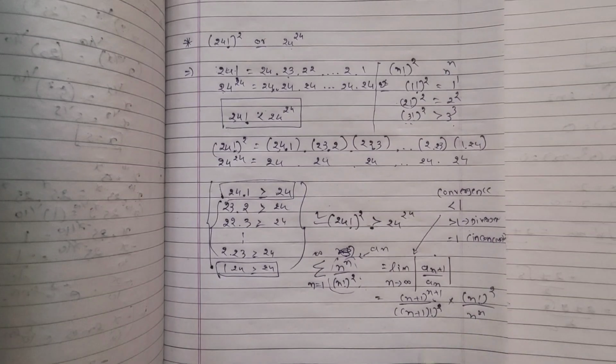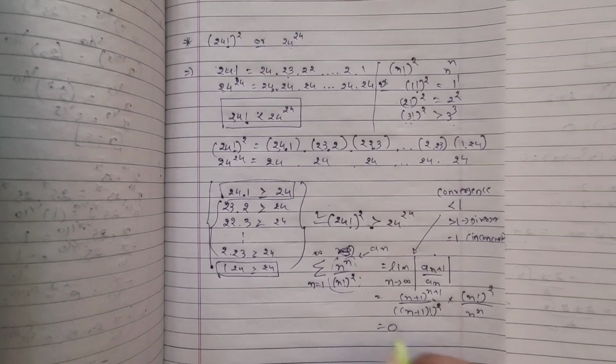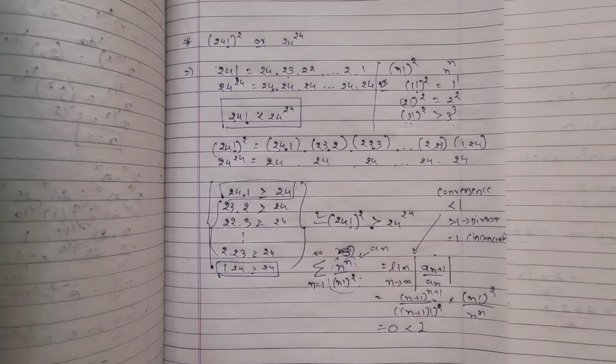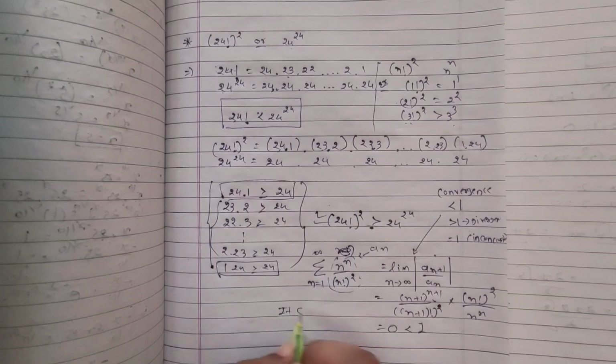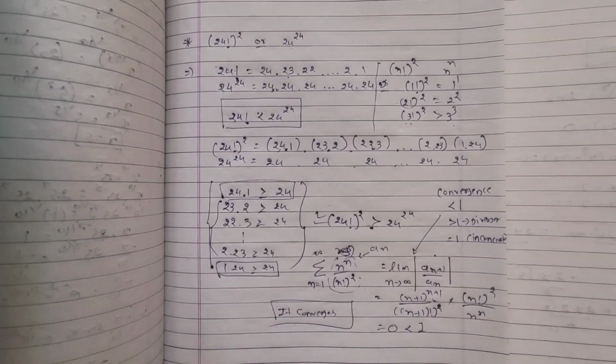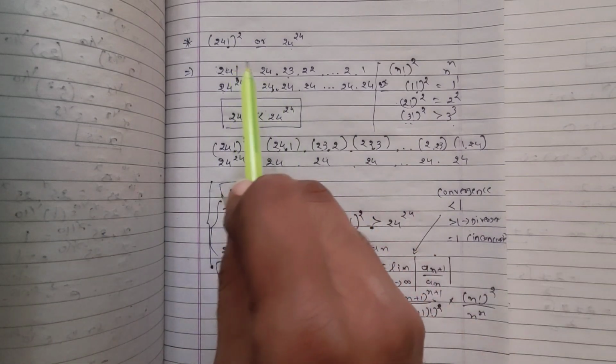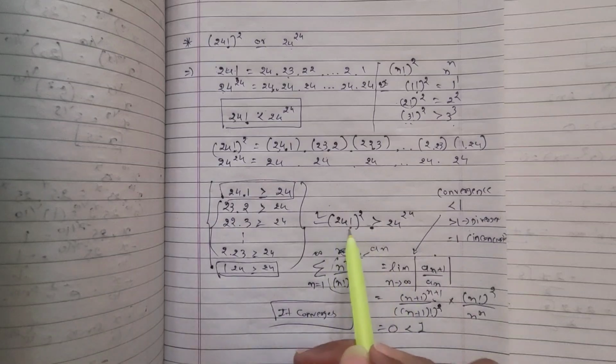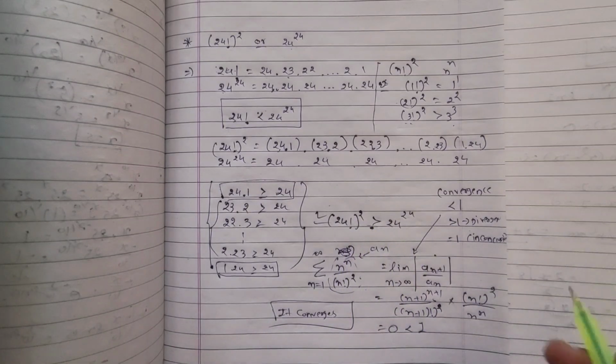And if you solve this equation, you will get your answer 0, which is less than 1, right? Which means it converges, right? This is a very important concept to see whether it converges or diverges. And if you talk about this question, then obviously 24 factorial square is greater than 24 raised to 24, which is an amazing question, right?